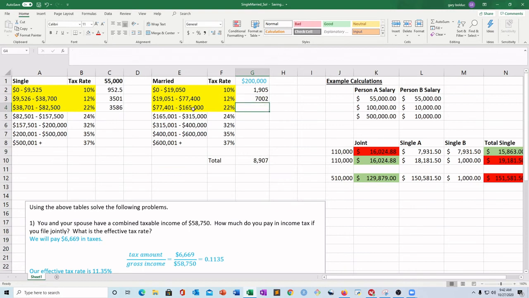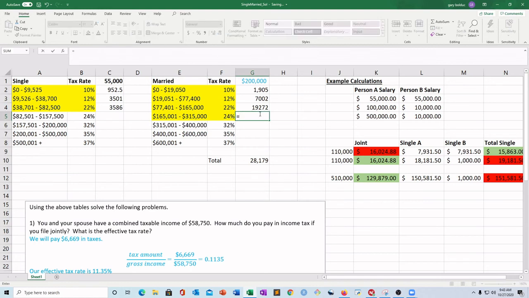Get rid of this. We're in this third box now. We've filled up these two, already done that calculation. So we take our 200,000. Did we fill up this box? Yep, we did. So in here we hit equals. Okay, well, how much is in this box? Well, it's 165,000 minus, how much did I already get taxed on? 77,400 times my 0.22 tax rate. All right, well, I actually get into this box, so let's highlight it because now we've got into here. We didn't fill it up all the way, but we're in it.